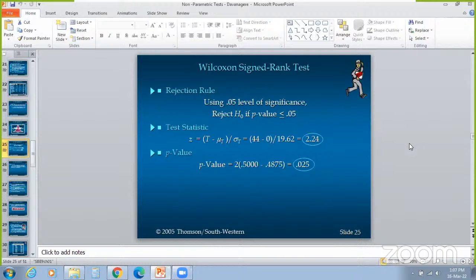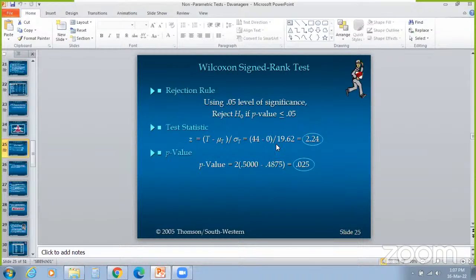And we have to use a Z test here also, but the notations are different. T minus mu T. T is the sum of the ranked values, 44, I hope you remember from the previous slides, and minus 0, because we assumed there is no difference in the time taken by these two services.